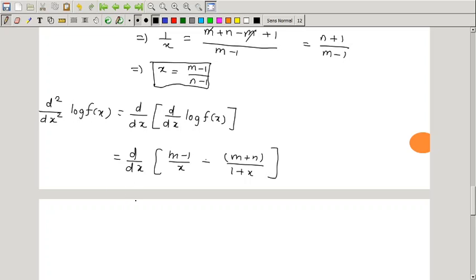Okay, that means (m minus 1) into the derivative of 1 upon x minus (m plus n) into the derivative of 1 upon (1 plus x).